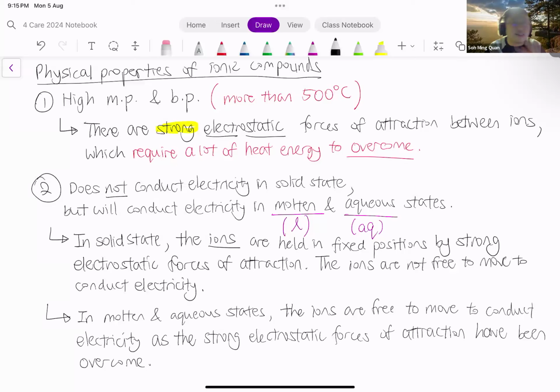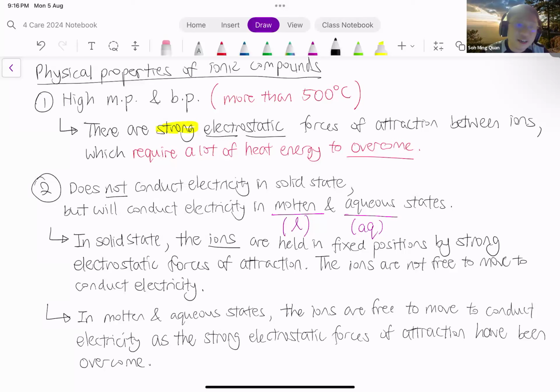And once we understand the concept of losing electrons, gaining electrons, forming ions, and how to work out the charge of the ion, then you can work out how to write chemical formula. Once you can do that, then you can work out how to draw dot and cross diagrams of ionic compounds.